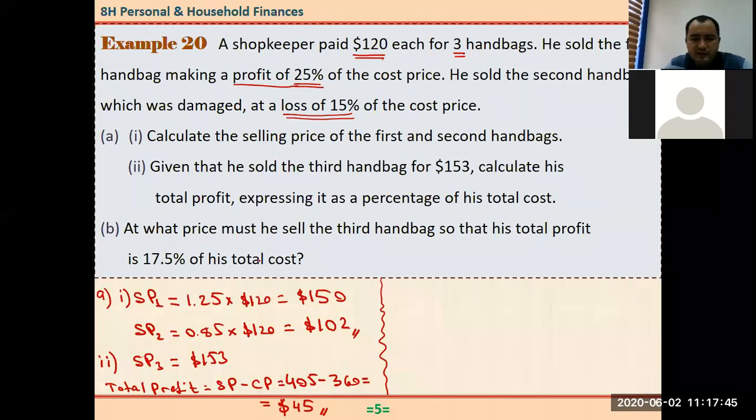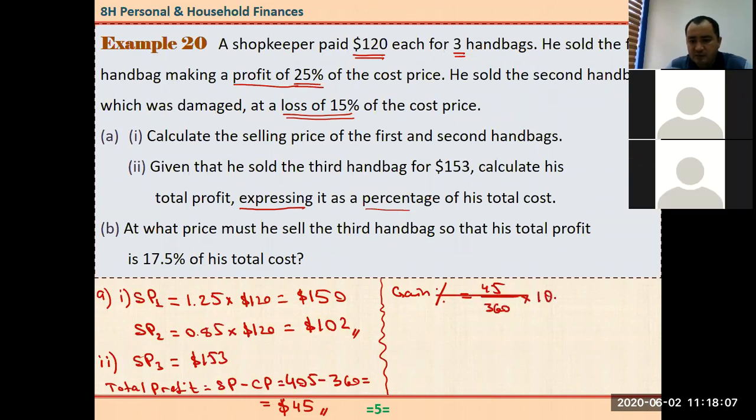Also it says expressing it as a percentage of the total cost. So gain or profit percentage equals profit, which is 45, over cost price. To make this profit, how much did you invest? $360.